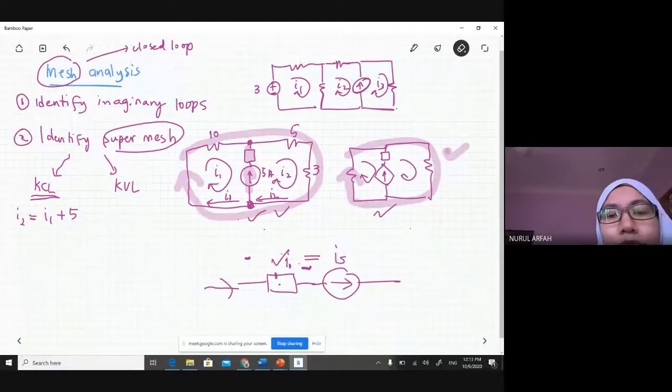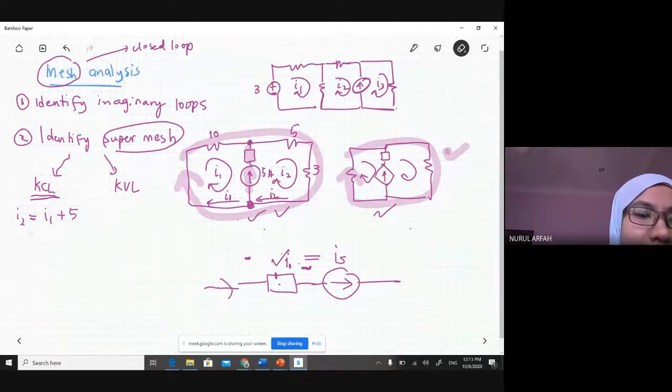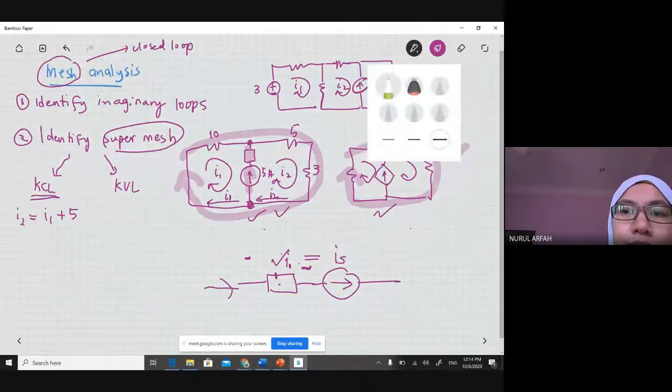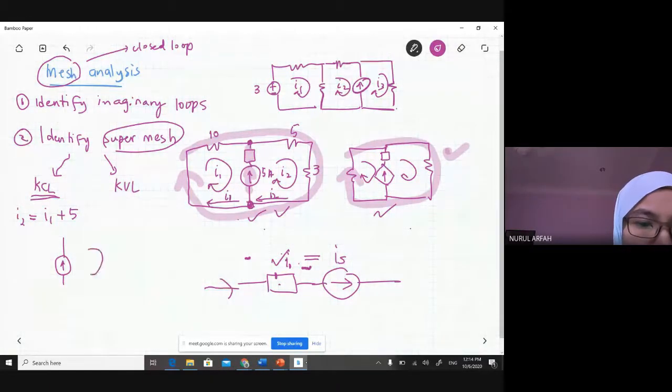So what is KVL then? Oh, by the way, this is number one, how to find the KCL at a super mesh. Number two is by just looking at the current direction. This is I2 and this one I1.